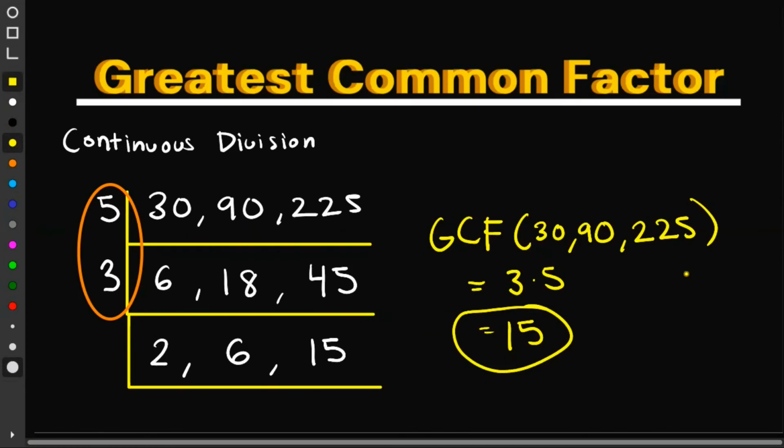So we have presented 3 methods in this one: the listing method, the factor tree method, and the continuous division method. Also, we defined the terms factor, common factor, and the greatest common factor. In the next video, we will try to show more examples on this lesson. So, that is all for this video.